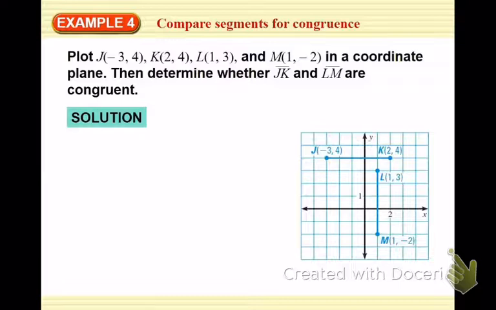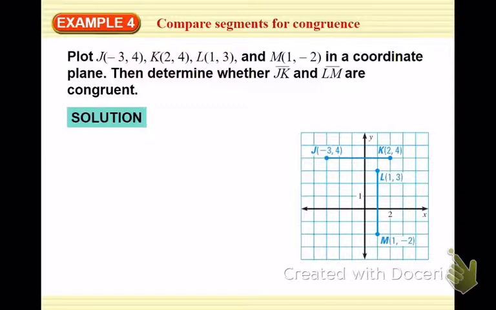Now the ruler postulate helps out a lot here. Since in a horizontal line the y coordinates are going to be the same, all we need to do is take the x coordinates and subtract them. Okay? Or if you want, an easier way to look at it is just count. How far from J to K?